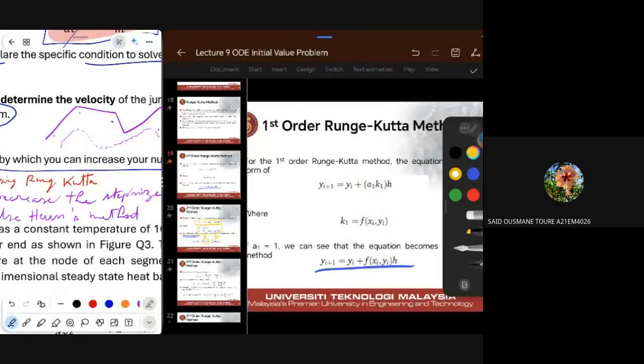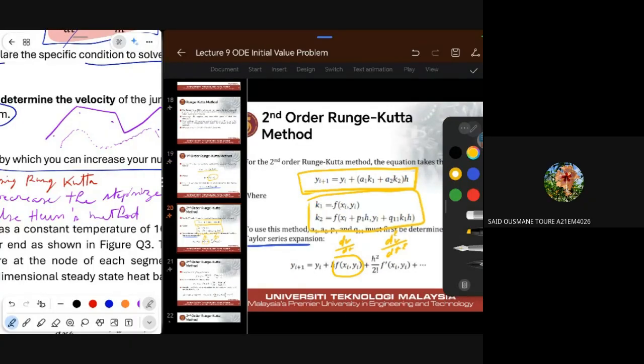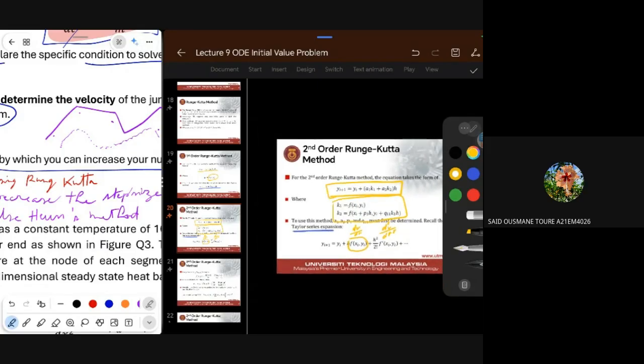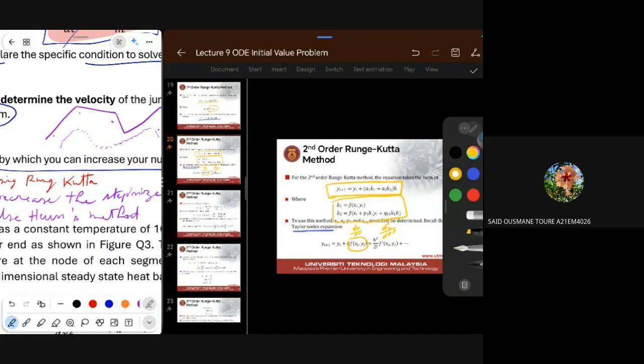So you have here y_{i+1} equals y_i plus a1 k1 h, and k1 h is this one, so it's the same as Euler's method. As for when you come here, you have k2 equals f(x_i plus p1 h), etc. So it's much more complex in terms of calculations.